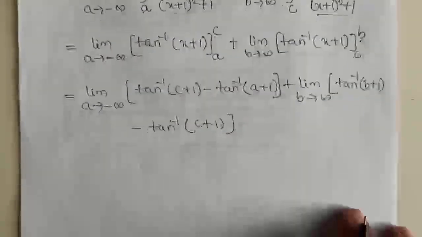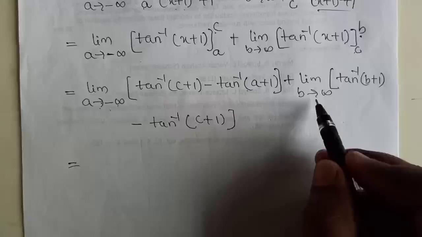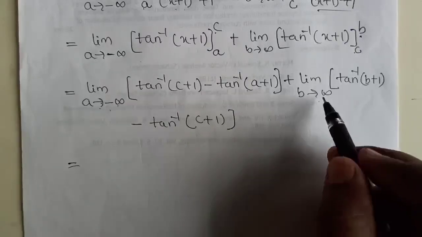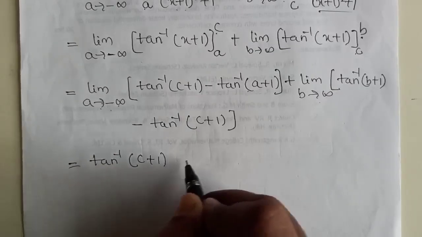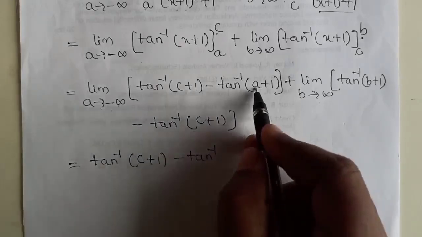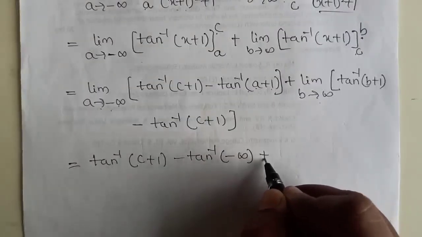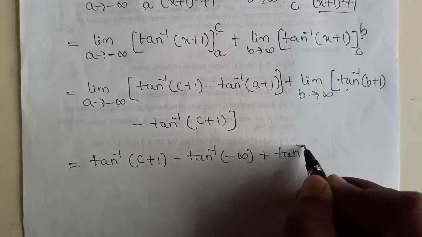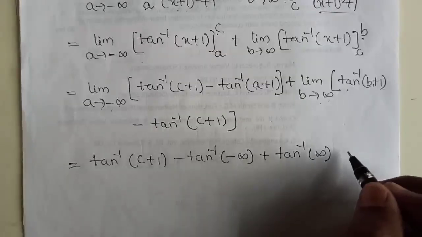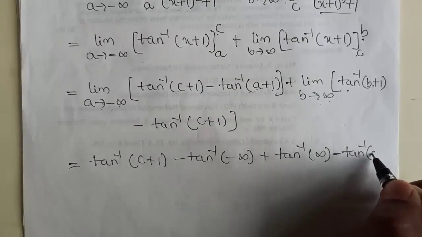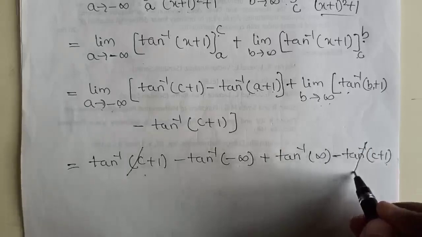Now we evaluate this limit: in the place of a we substitute minus infinity and in the place of b we substitute plus infinity. So we get tan inverse of c plus 1 as it is, minus tan inverse of minus infinity plus 1, which is minus infinity, plus tan inverse of infinity plus 1, which is plus infinity, minus tan inverse of c plus 1. So plus tan inverse of c plus 1 minus tan inverse of c plus 1 cancels.